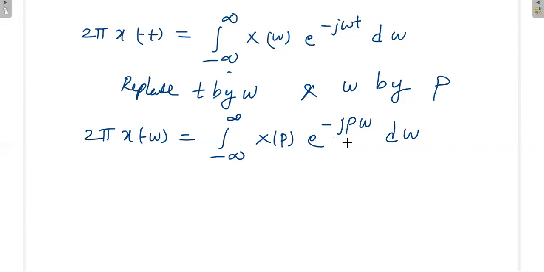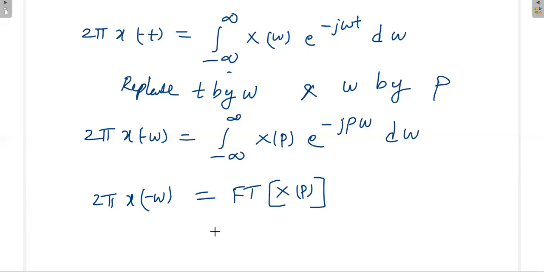If you observe carefully, this is the Fourier transform of capital X of p. Instead of t, here we are having p, because if t were there, t would appear again, and that would cause some confusion. That's why I'm changing the variable like this. Then this is 2 pi x of minus omega, and I can simply replace p by small t, because we are compatible with the t.